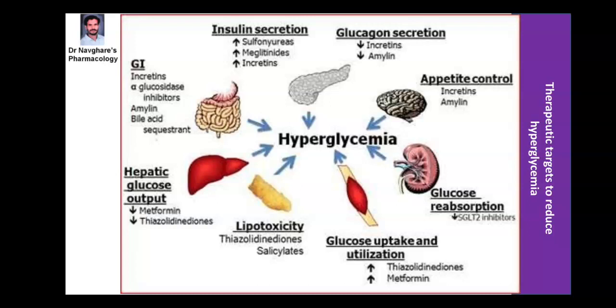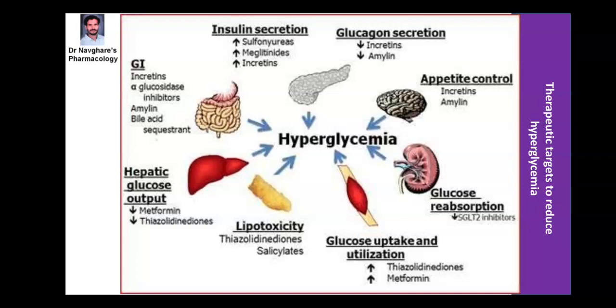Then increase glucose uptake in skeletal muscle, that can be done by thiazolidines and metformin. Then lipotoxicity can be reduced by application of thiazolidinediones. Then certain drugs reduce hepatic glucose output, metformin can be useful.